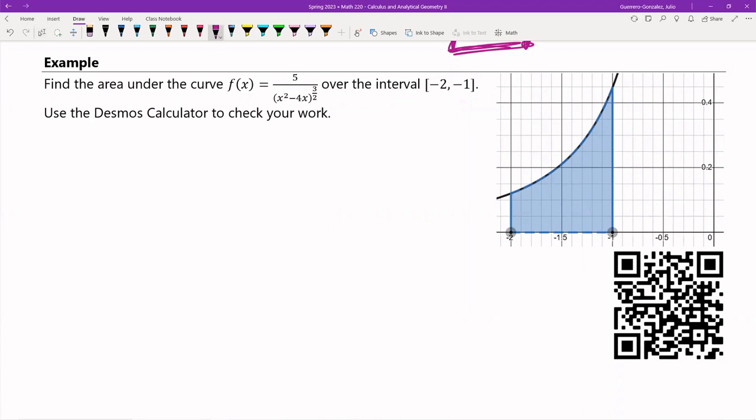So let's go ahead and get to it. We know that this answer here should be the integral from -2 to -1 of 5 over x squared minus 4x to the 3 halves.